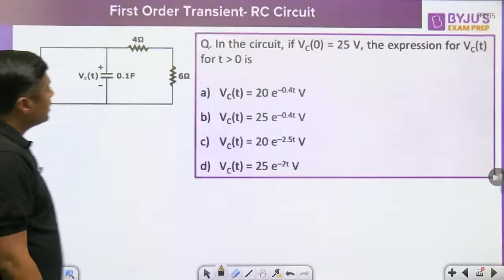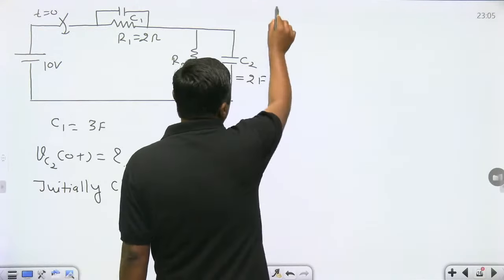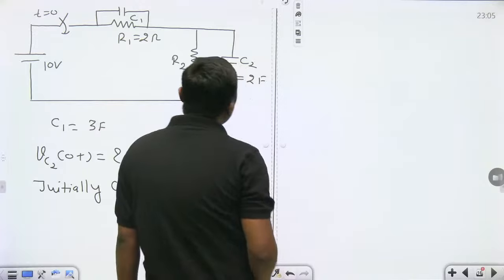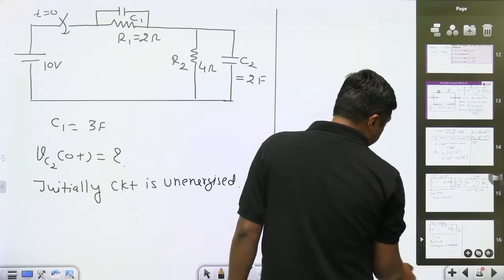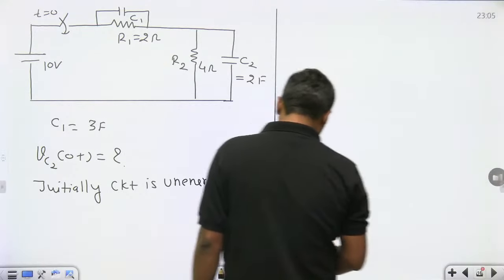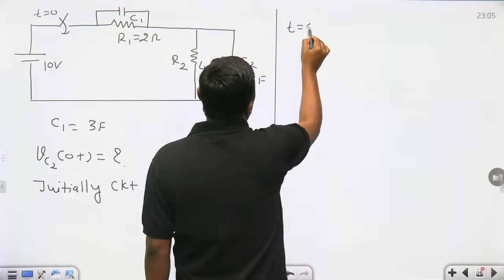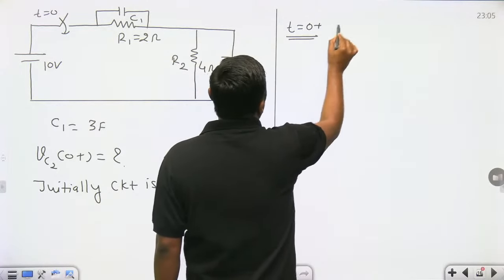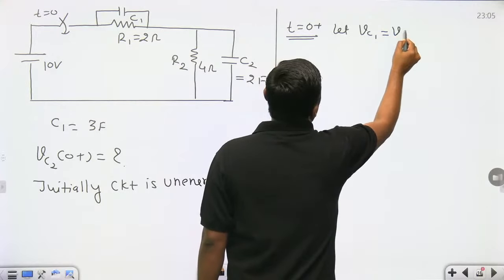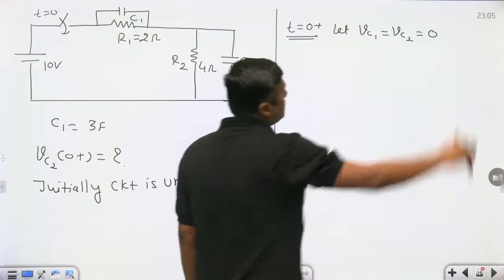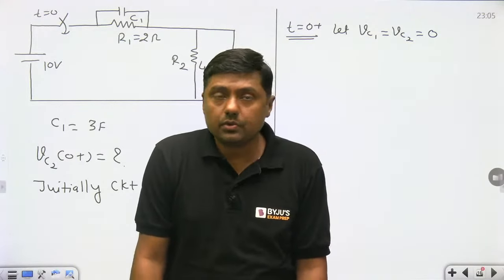Yes. In this case, try to understand. Suppose I give the answer 0 exactly at t equal to 0 plus, that is, VC1 and VC2, the voltage across capacitor C1 and capacitor C2, is 0.